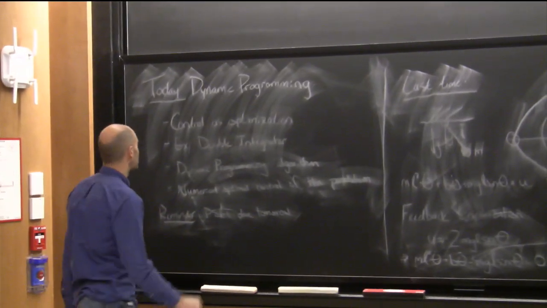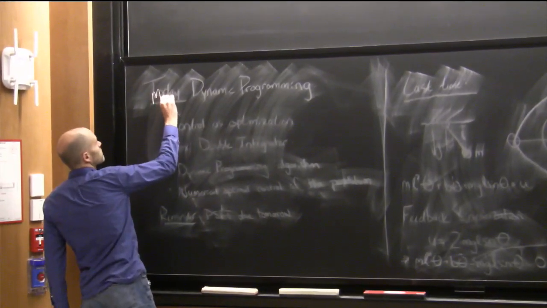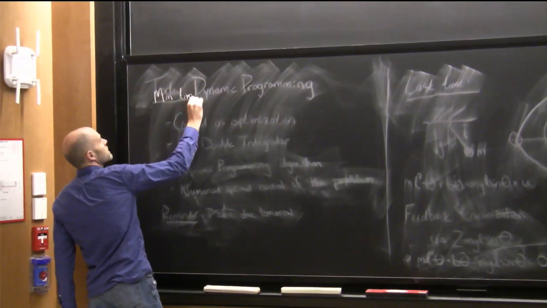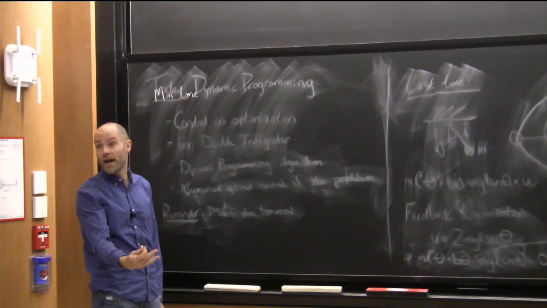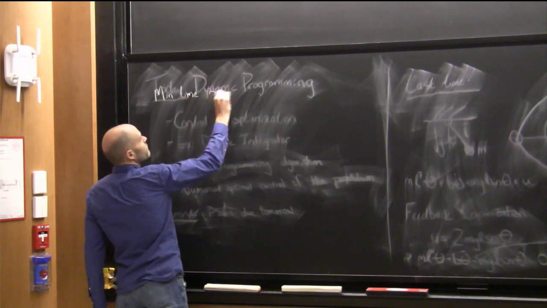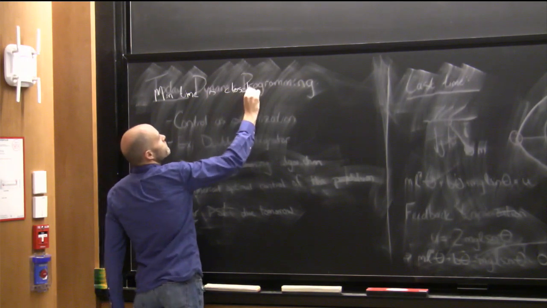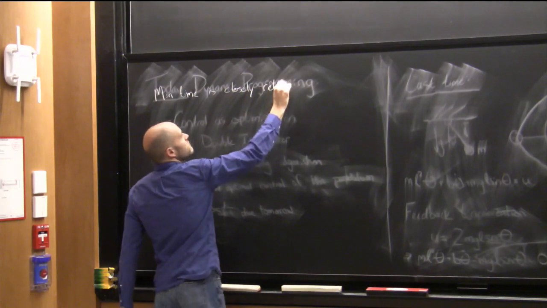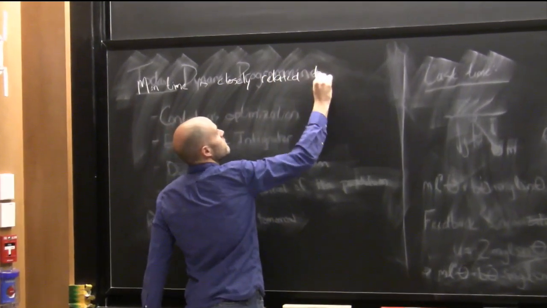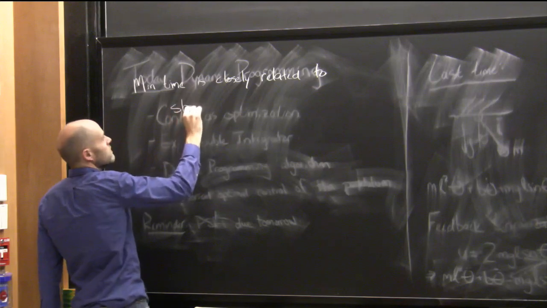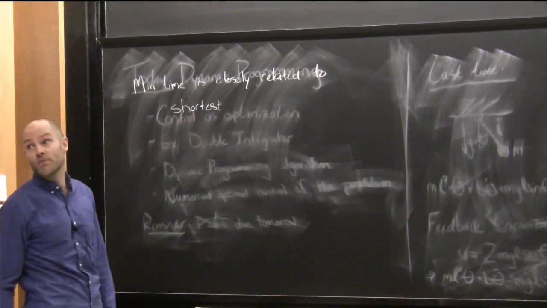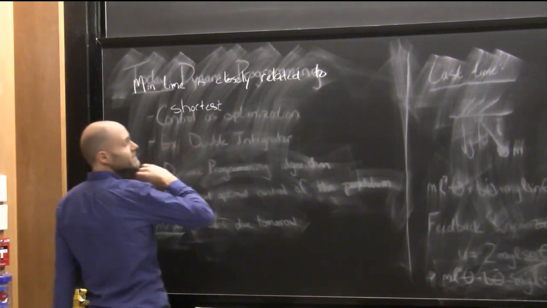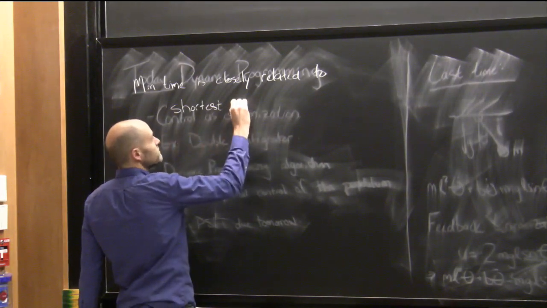So minimum time is closely related to a shortest path problem on a graph. So that's my hook. We're gonna try to use shortest path algorithms to solve the more general version of that.